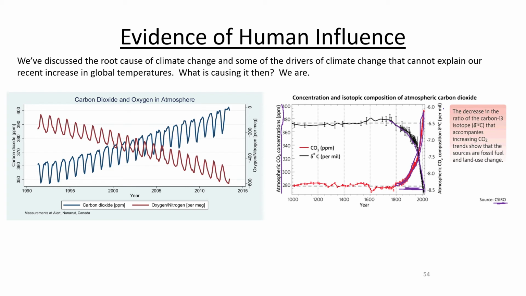Okay, again, we're talking about sort of per mil or per meg. Sorry, per mil changes. They're similar, but off by a factor of 1,000. In any case, what this is telling us is that the ratio of carbon-13 to carbon-12 is going down.